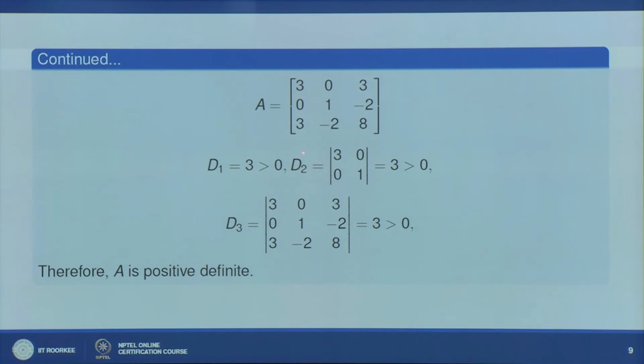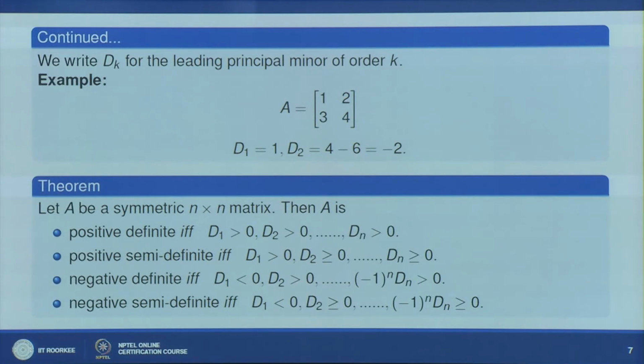D2 is the leading principal minor of order 2 cross 2, so that is the determinant of 3 0 0 1, which is 3 only and greater than 0. Now, D3 is the determinant of the full matrix A, which is 3 again, and it is strictly greater than 0. All the leading principal minors are strictly greater than 0. This means matrix A is positive definite, okay, because of this result.